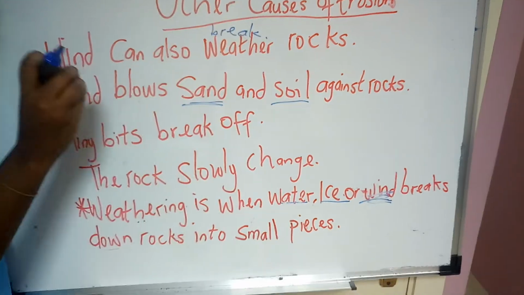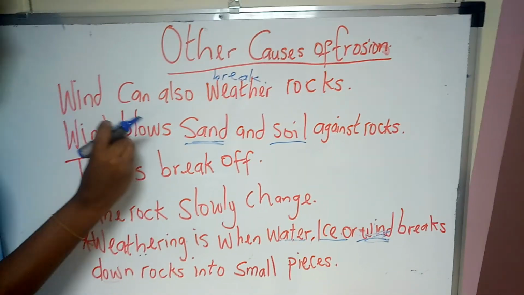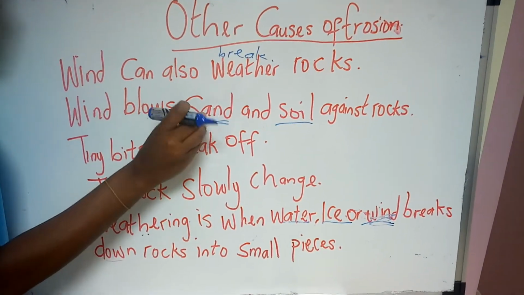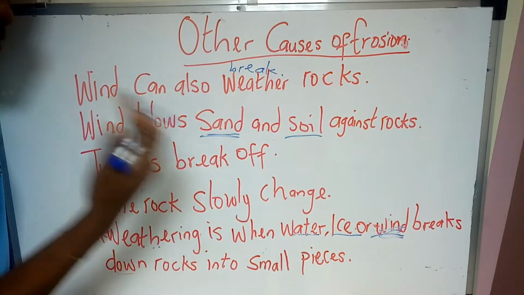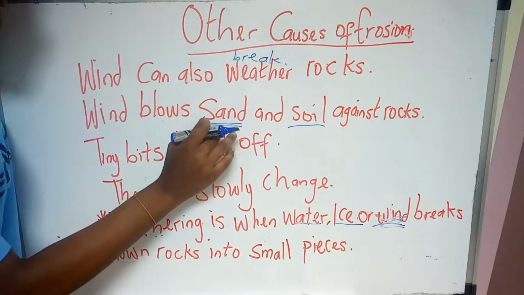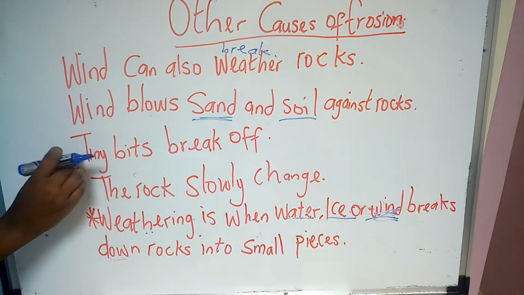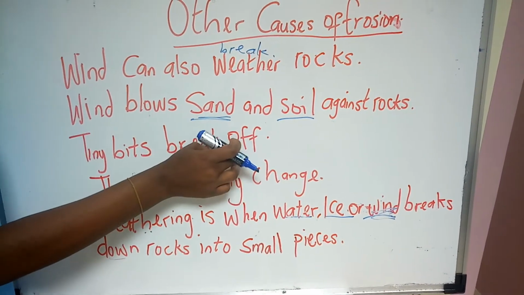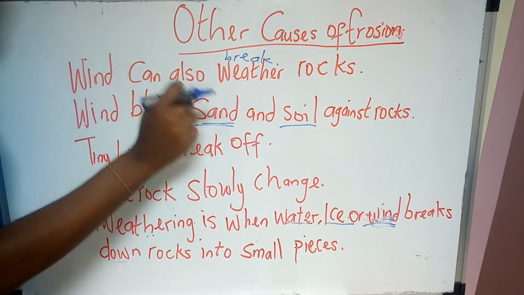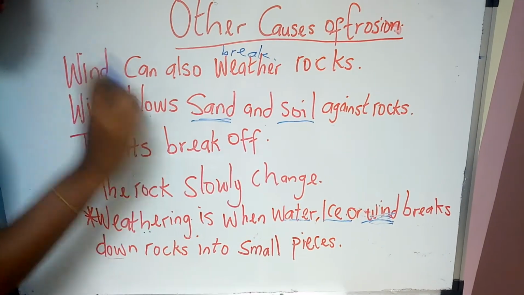Do you remember I told you erosion is the washing away of topsoil or sand? Now, if the wind blows sand and soil against rock, what will happen?